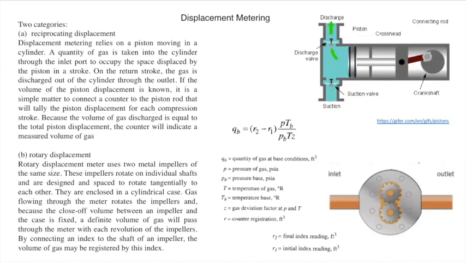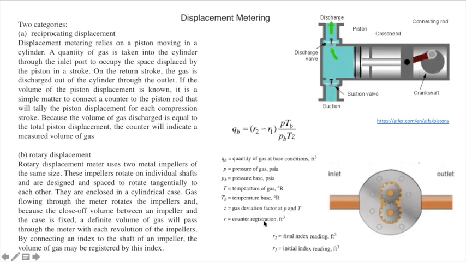Suppose initially you have R1, and finally at some time you have R2, right? The quantity of the gas at base condition can be calculated by (R2 minus R1) into P, the pressure, with TB and PB as the base temperature and pressure, T as the temperature in the pipeline, and Z the compressibility factor. This R can be called the counter registration.